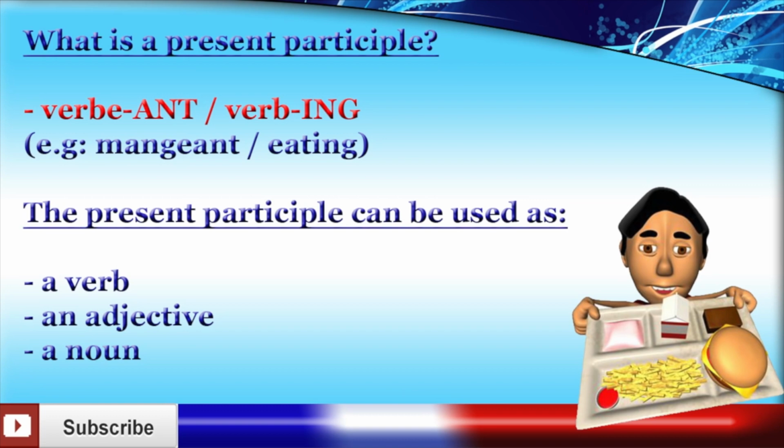The present participle can be used either as a verb, as an adjective, or as a noun. But please bear in mind that the present participle is a lot less common in French than it is in English. So we'll see at the end of this lesson what common mistakes you should avoid when using the present participle.